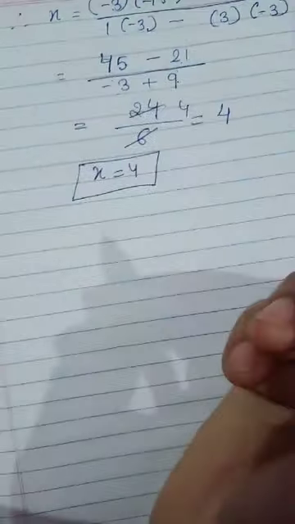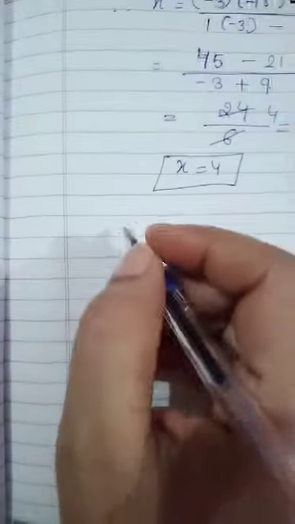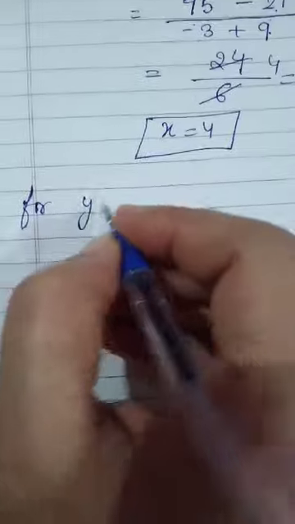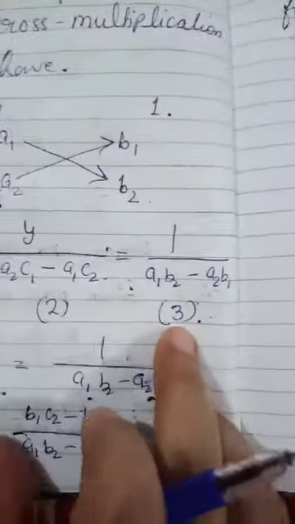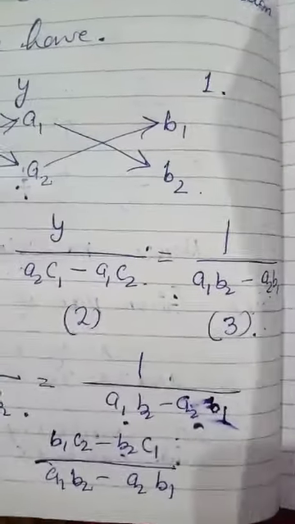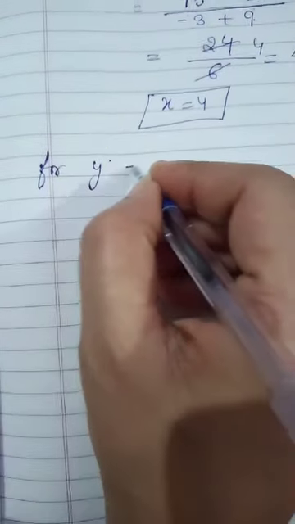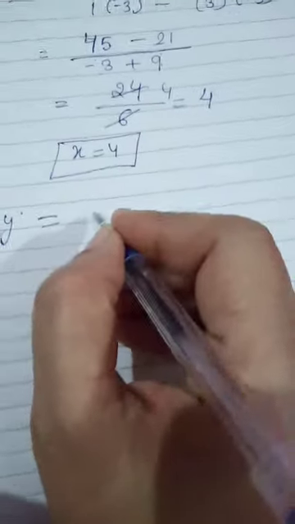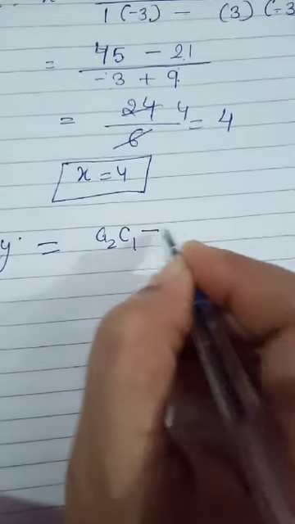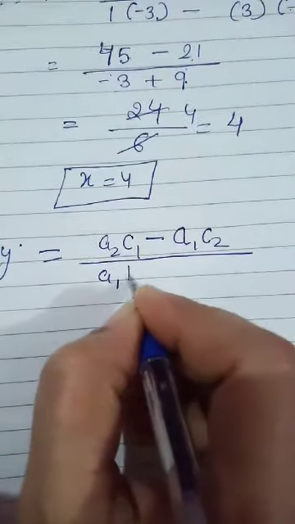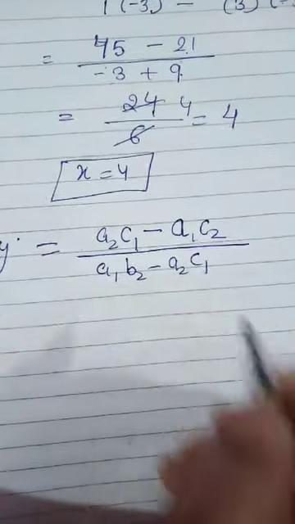Now substitute the values for y. For y from second and third, y is equal to, this will go to this side, denominator will be same. So here we have y is equal to a2 c1 minus a1 c2 whole upon a1 b2 minus a2 b1.